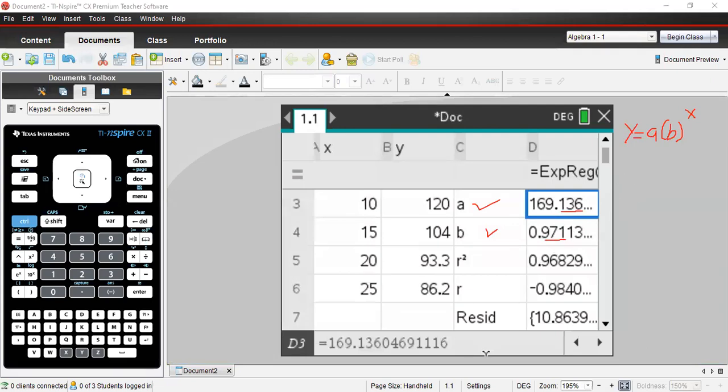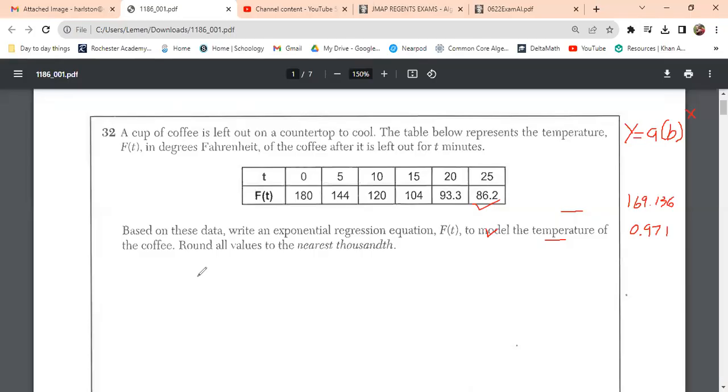So if we were writing this, this is going to be 169.136, and this is going to be 0.971. Now, let's write it.